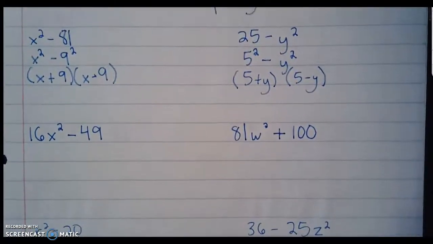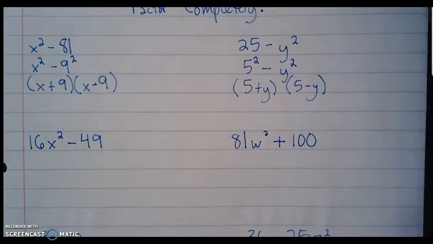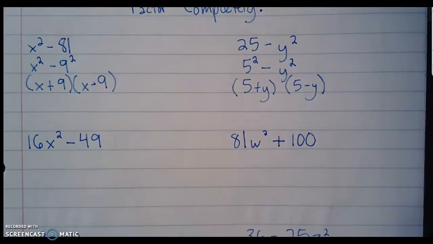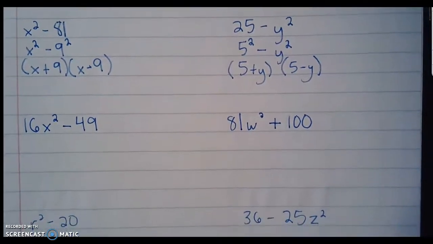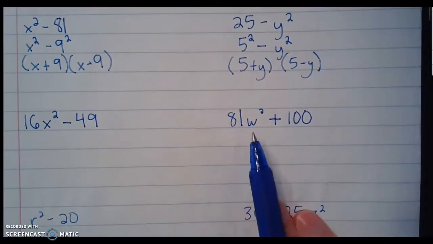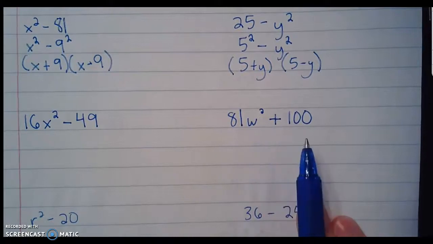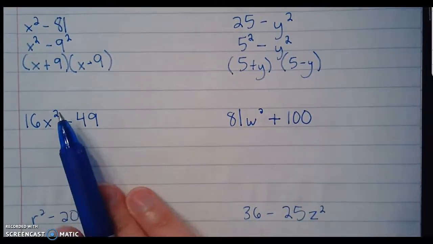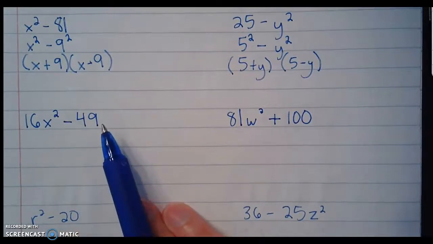Let's take a look at a couple more. So we've got 16x squared minus 49, and then I've got 81w squared plus 100.